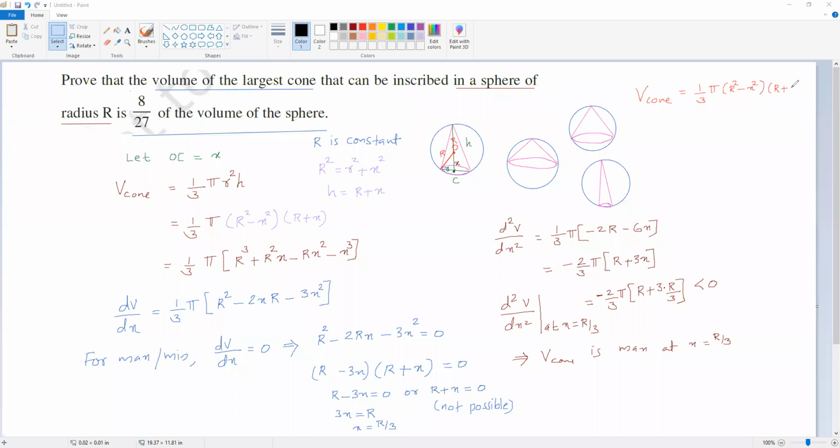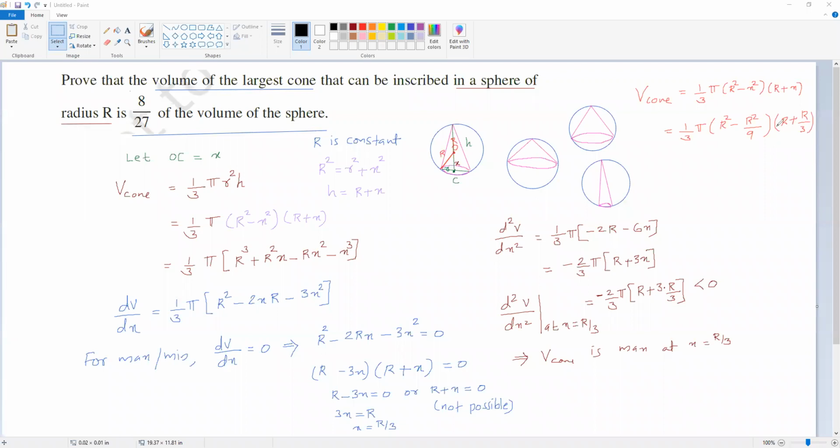This was the formula to find the volume of the cone. So which is 1 by 3 pi, r square minus x square is r square by 9. Then r plus x is r by 3.